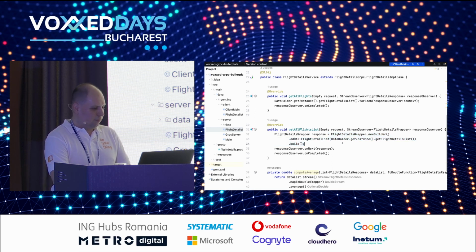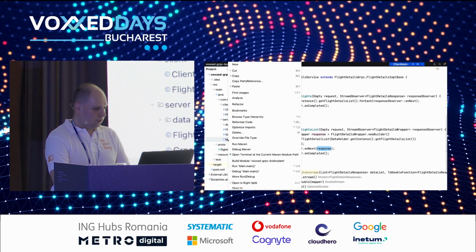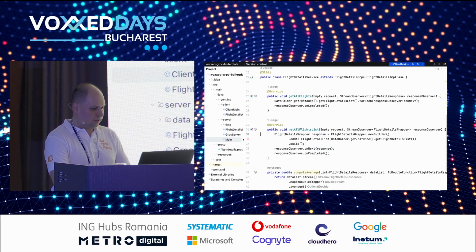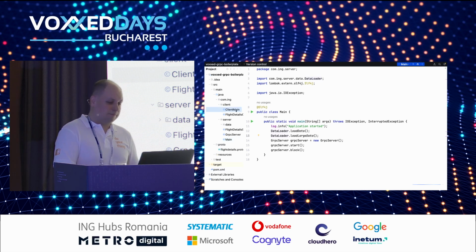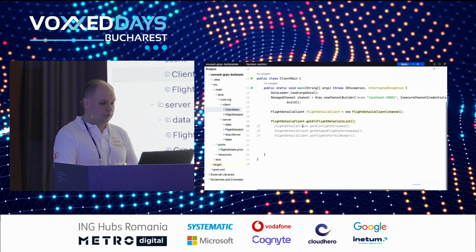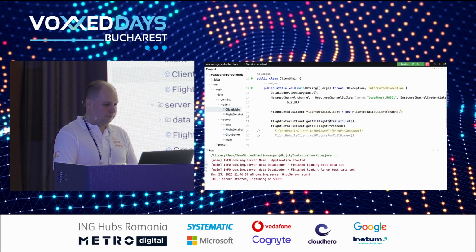Looking at the performance, let's start the server, and let's also start the client, and let's comment this one. So first we are going to call with a list and then with a stream. The server started, let's also start the client, and you'll see the behavior that I described earlier.